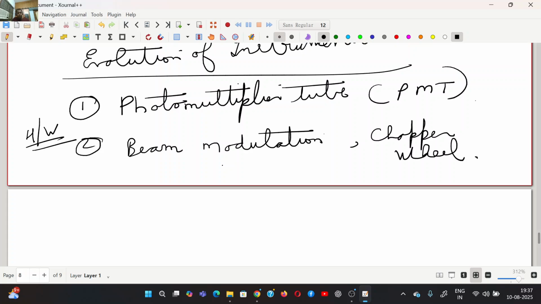Just read about this. You can ask ChatGPT or Wikipedia what the problems were in the earlier AS instruments and how the instrumentation that evolved over time solved those problems. Just read about it. Then also read about double beam modulation.